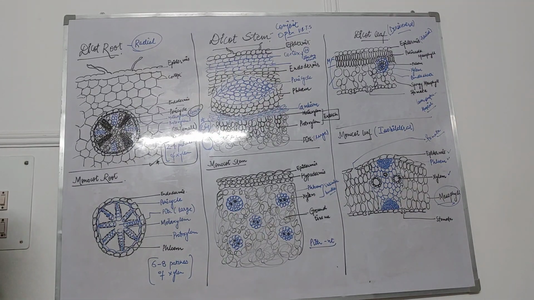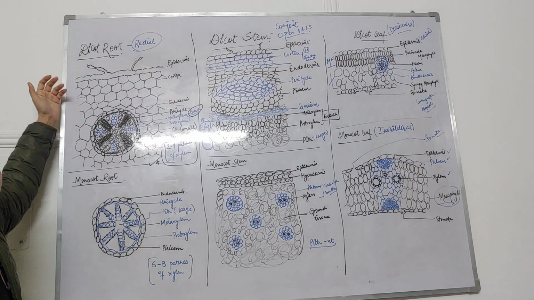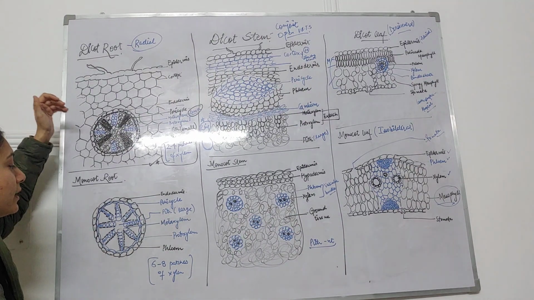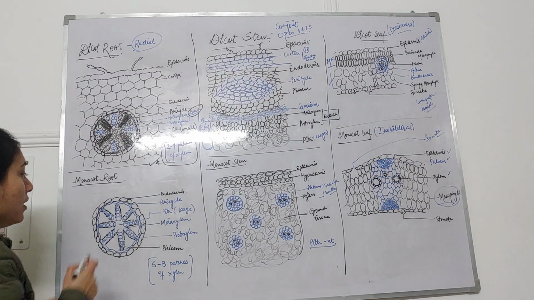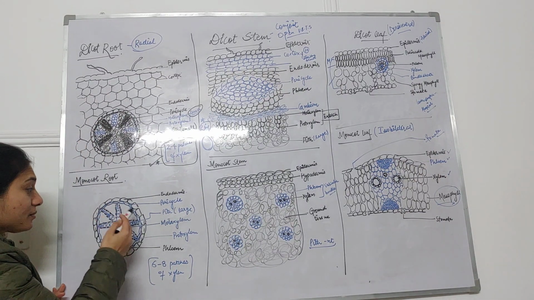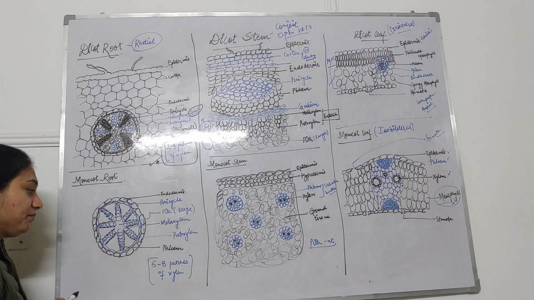Now, how is it different from the monocot root? In the monocot root, the epidermis, cortex, and endodermis are similar to the dicot, and the pericycle is also present inside the endodermis.